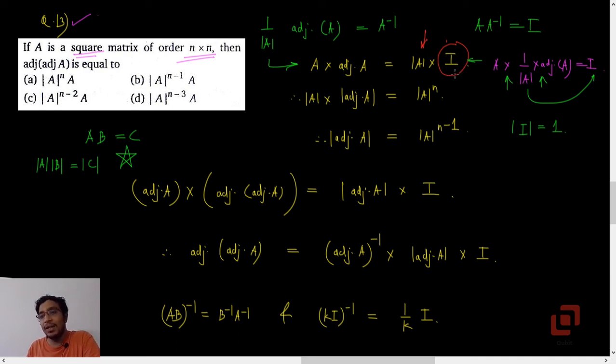Now this being an identity matrix, if you multiply it by determinant of A, then you will get a scalar matrix and all its diagonal entries will be determinant of A. You have to understand this fact, and everything else will be 0. So if you take the product of these diagonal elements, that's how you find the determinant of any scalar matrix or diagonal matrix. It will be determinant of A raised to n.